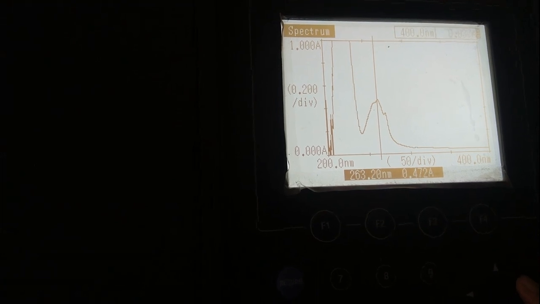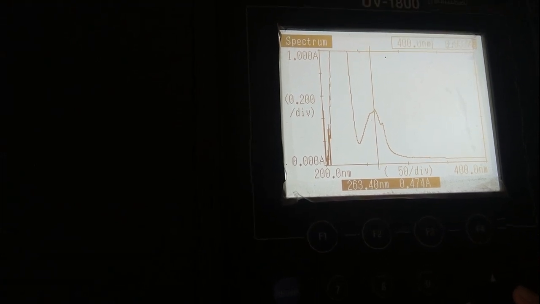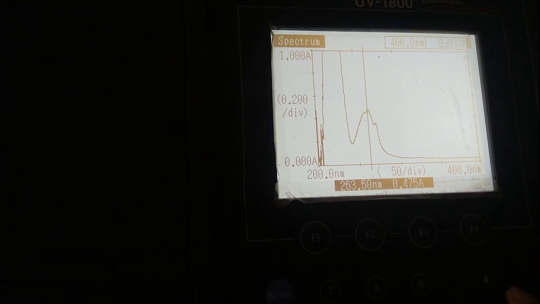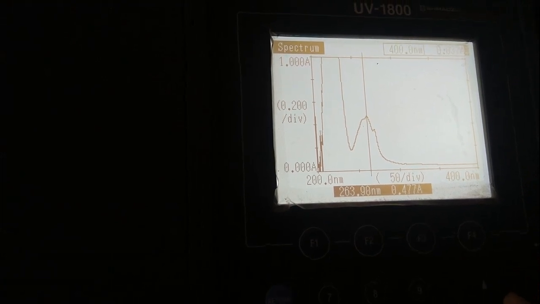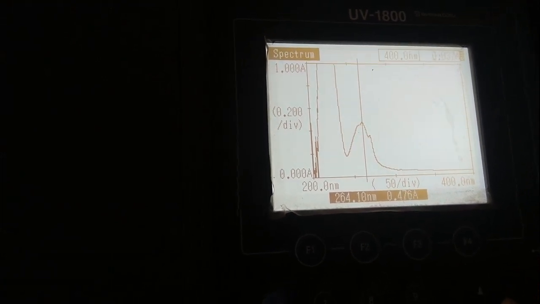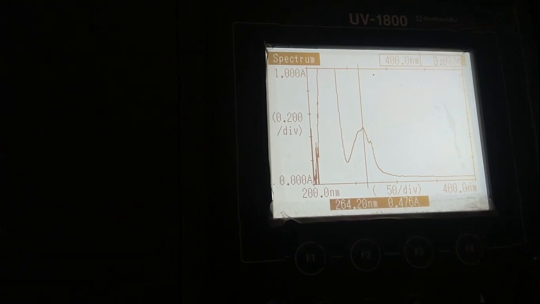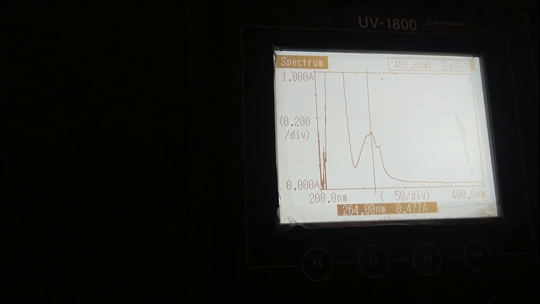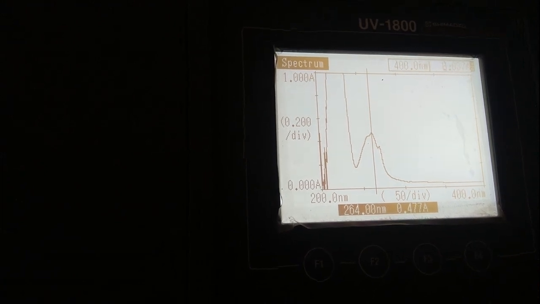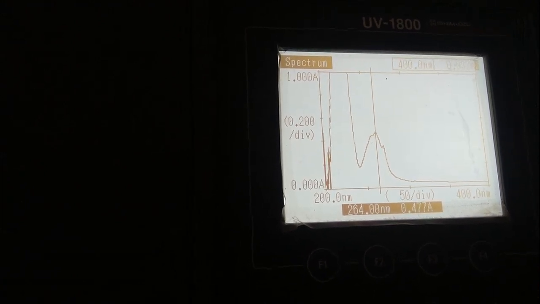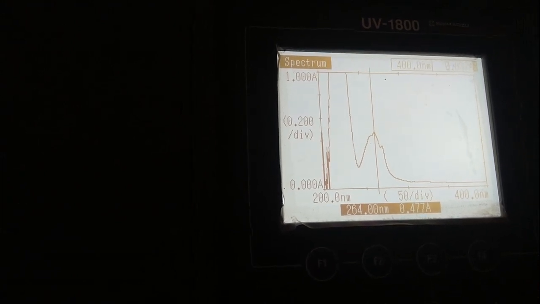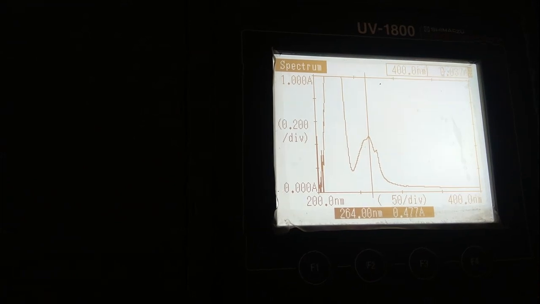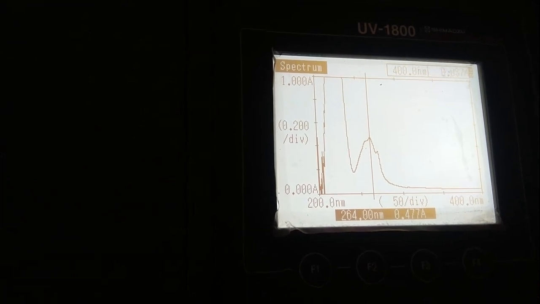Now see, absorbance 0.474, 0.476, 0.477. Okay, so it is decreasing now. So we will again go back. So maximum absorbance is 0.477 at 264 nanometer. Now we are going to use this absorbance in our calculation after applying the suitable dilution factor.